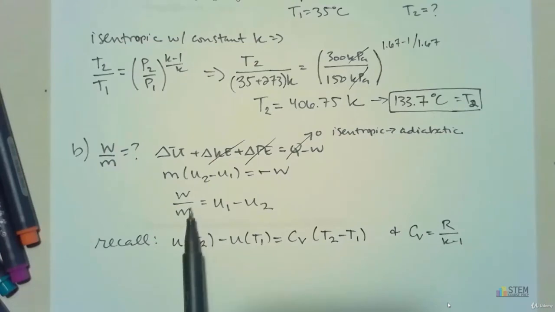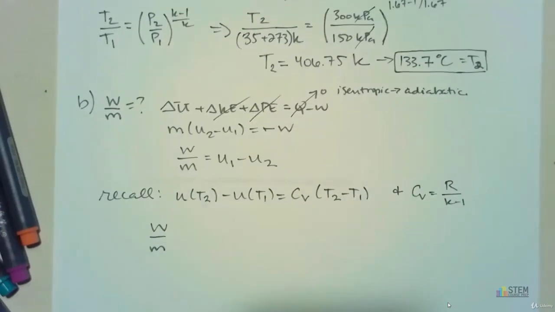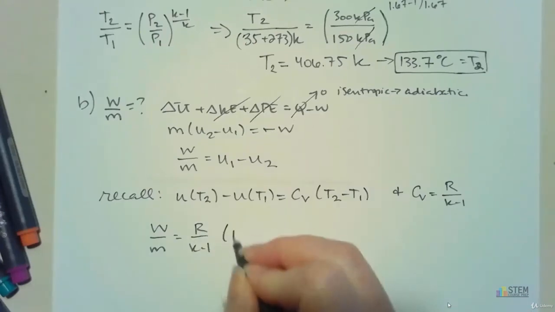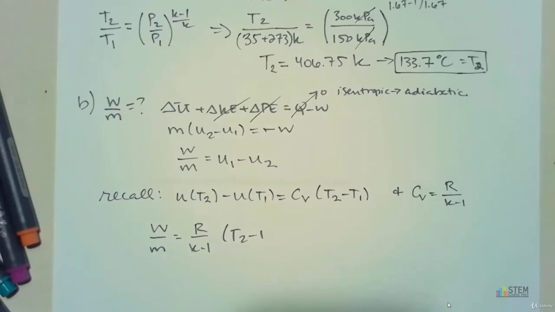Now, doing that, let's get back to this equation. We're going to have W over m, and we're going to set it equal to CV times T2 minus T1, because we've got the temperatures. Now, let's replace CV with R over K minus 1 times T2 minus T1.